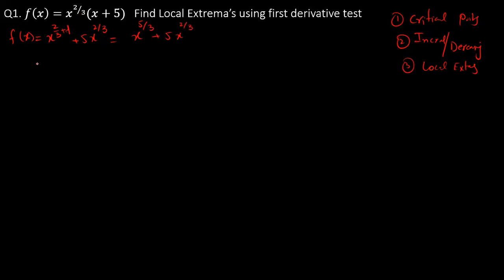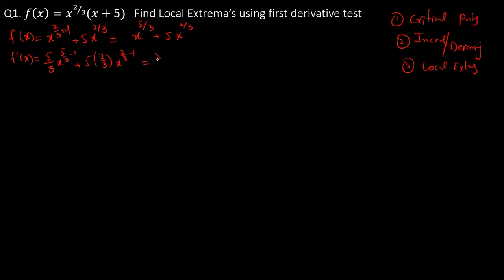Now we differentiate this function, and when we differentiate by using the power rule, it will give us 5 by 3 x power 5 by 3 minus 1, plus 5 into 2 by 3 x power 2 by 3 minus 1.